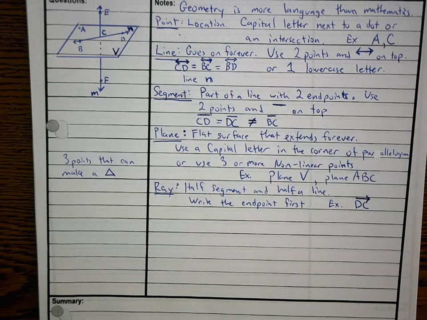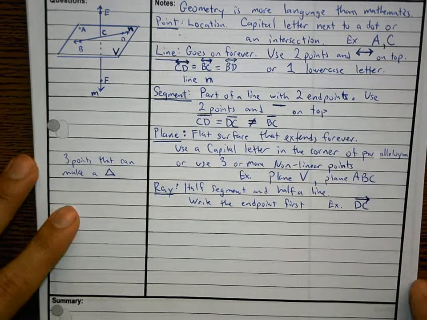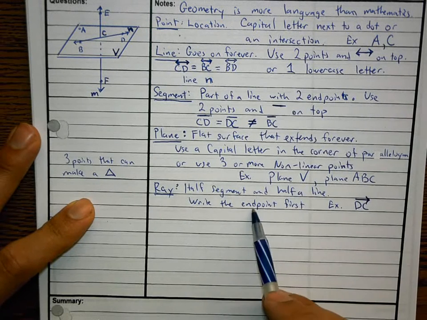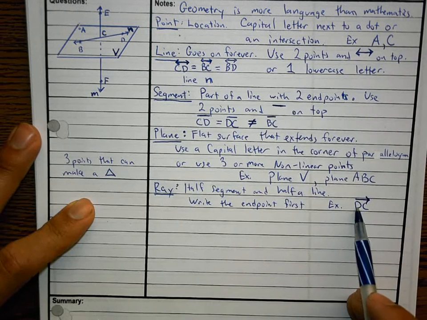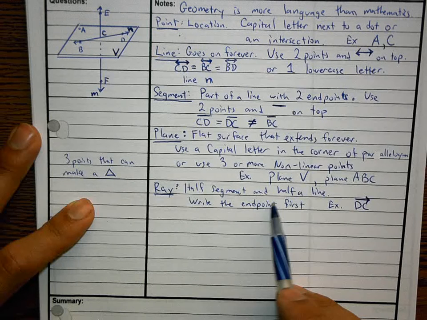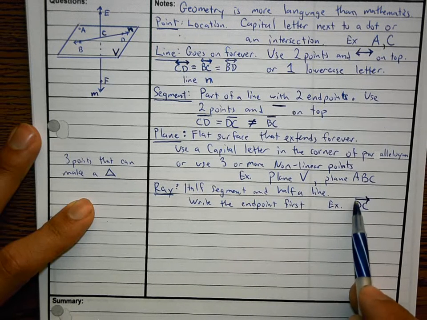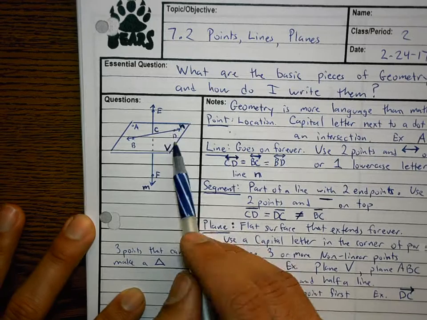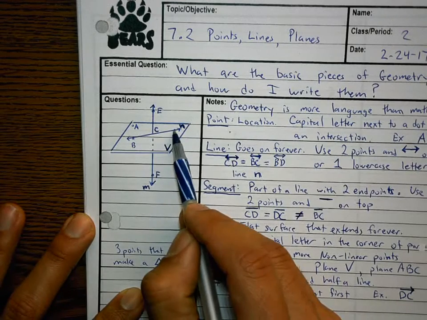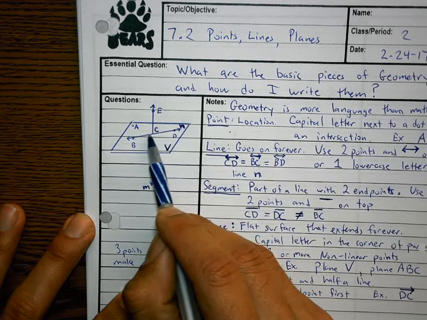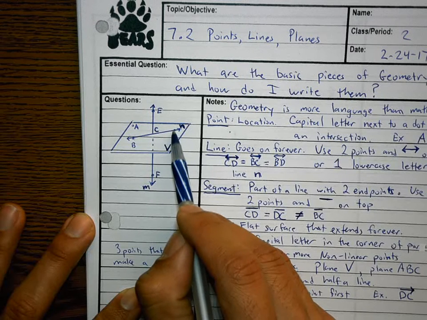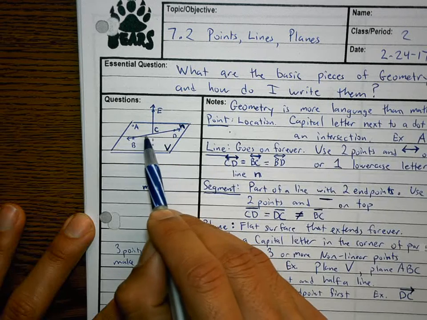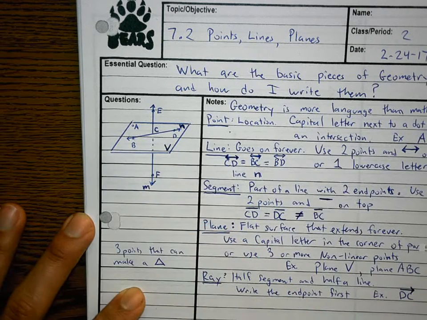Ray DC in our picture means we're talking about what's called the end point, but really you can think of it as the start point. It starts at D. It has an ending there, but it goes forever through C. That's what that means. So in my picture, we're starting here and going that way, and it goes forever and ever through C that way, down the line.